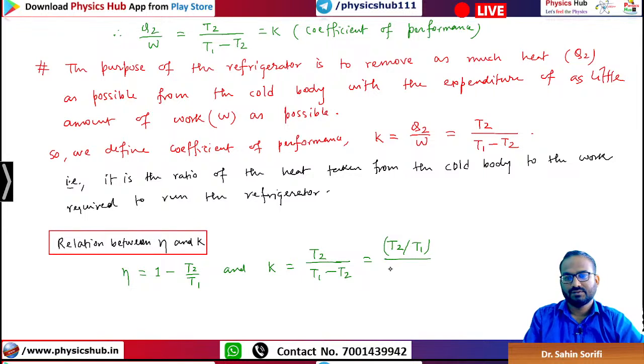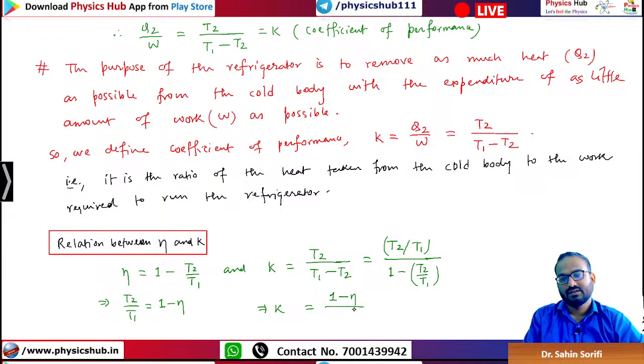T1 by T1 is 1, so k is equal to (T2 by T1) divided by (1 minus T2 by T1). From here, T2 by T1 is equal to 1 minus eta, right? So k is equal to (1 minus eta) divided by eta.